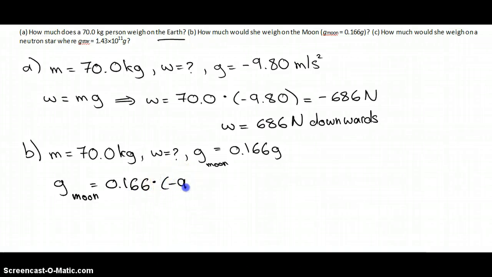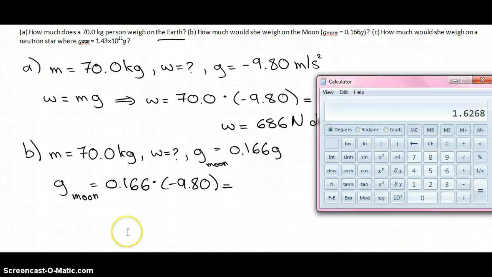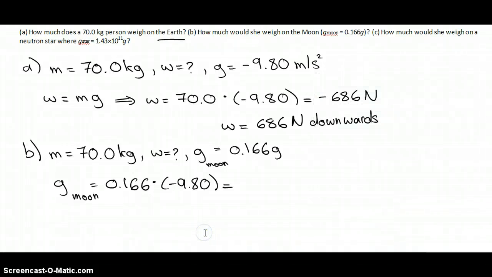Multiplied by negative 9.8, and the answer will be 1.63, of course negative. So negative 1.63 meters per second squared. And now I can substitute.